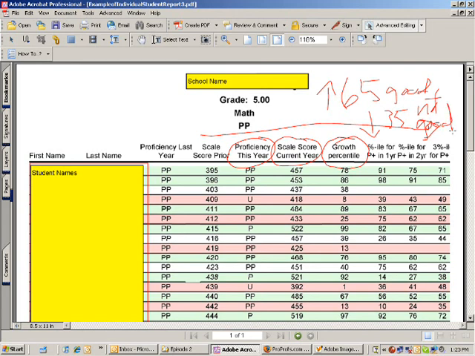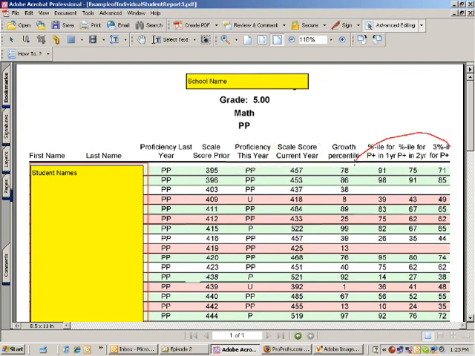The final 3 columns here show the percentile needed for 1, 2, and 3 years into the future to achieve a proficient level. On the top line, you can see that a student grew in the 78th percentile here, started partially proficient, stayed partially proficient, but grew in the 78th percentile.